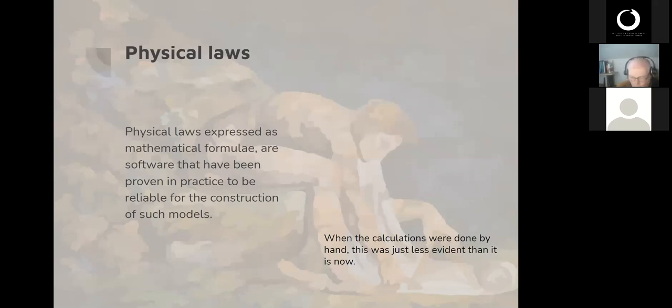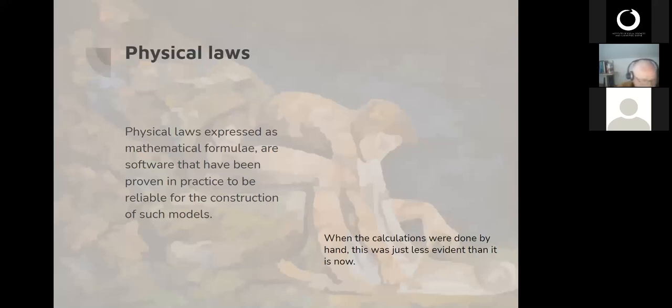Up until now, I've been talking about concrete models, models of the world's climate, models of the movements of ships, models of the movement of the moon. People also sometimes talk about physical laws as being a model. Physical laws, as we now conceive of them, since Newton, have typically been expressed as mathematical formulae.